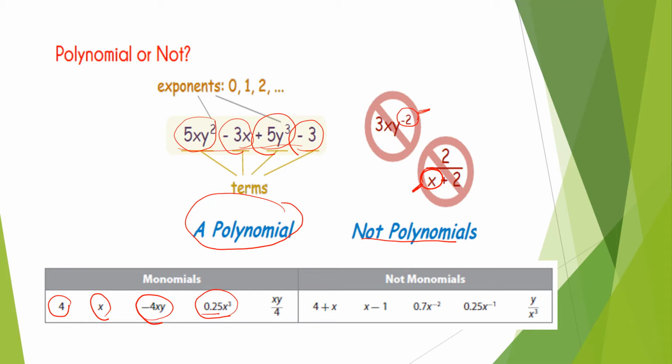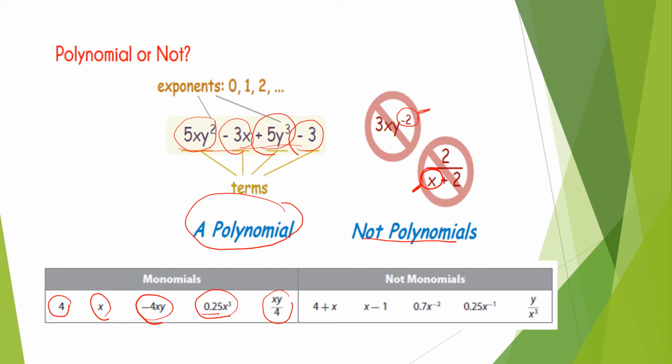A constant can be any number, fraction or decimal, and x power 3, so it is a monomial. Xy over 4, I don't mind having a number in the denominator. My issue is having a variable in the denominator, but xy over 4 is a normal polynomial term, which is a monomial.